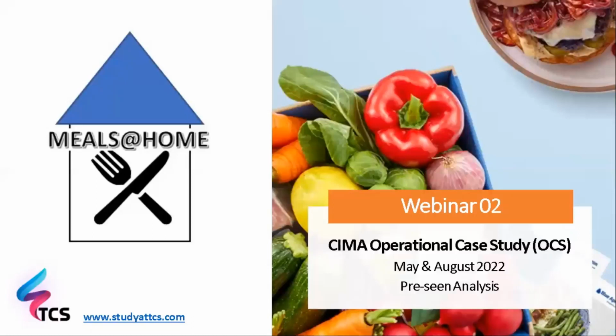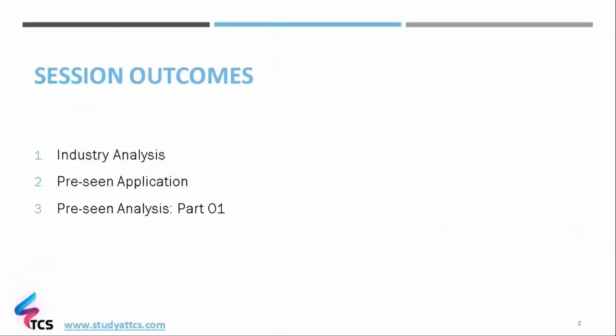So in today's session, I will be taking you through part of the pre-seen document, and I'll be trying to highlight how you are supposed to decrypt the information which appears in the pre-seen, what type of analysis you need to carry out, or what type of methodology you need to adhere to when analyzing your pre-seen.